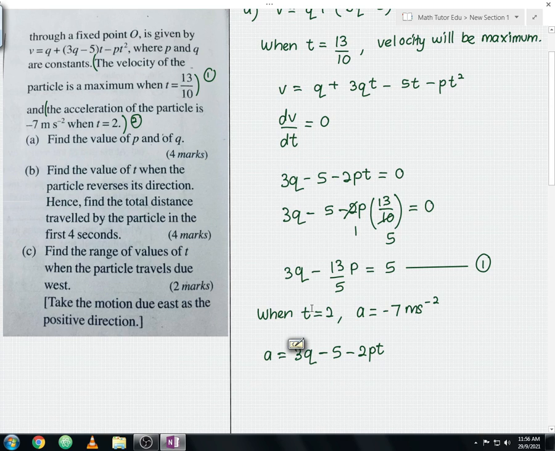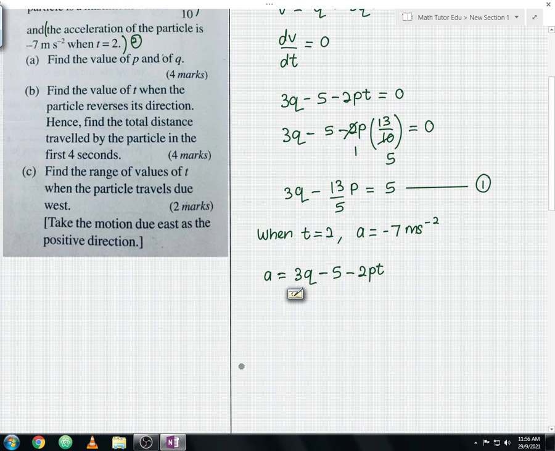So from here you can substitute this t equals to 2 and a equals to negative 7 meter per second square into this equation. So negative 7 is equals to 3q minus 5 minus 2p.